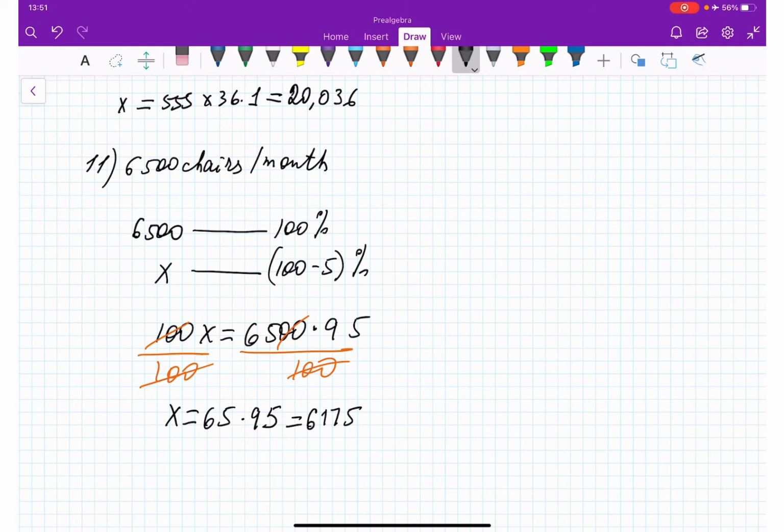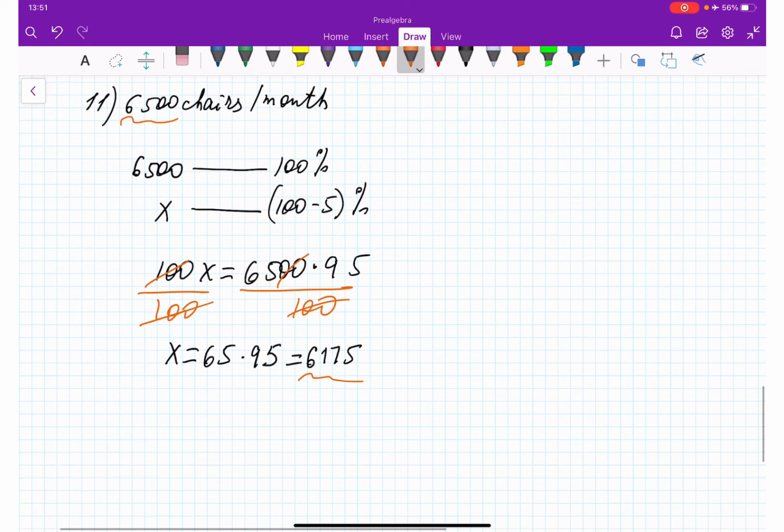So we were doing, let's say, 6,500 chairs, now 6,175 chairs. So by how much per month are the chairs decreased? So we're going to take 6,500 minus 6,175, and it's going to be 10 minus 5 is 5.